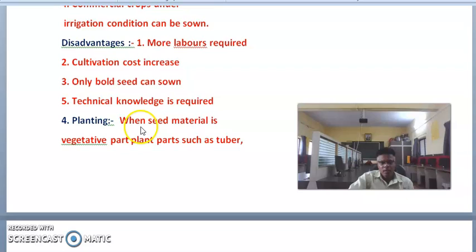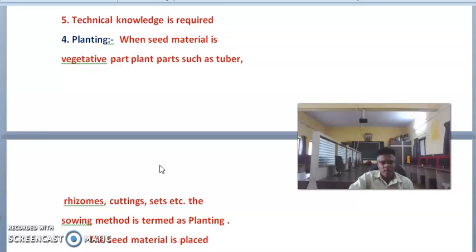Then we study the planting method of seed sowing. When seed material is a vegetative part of a plant, such as tubers, rhizomes, cuttings, sets, etc., this sowing method is known as planting.